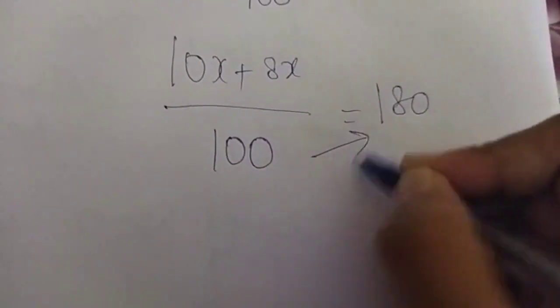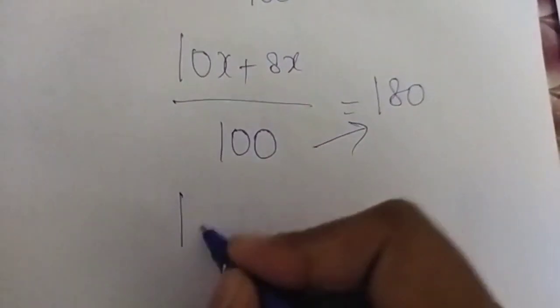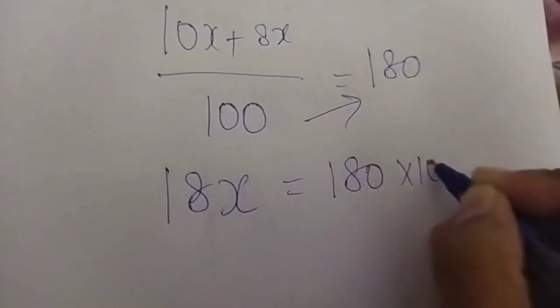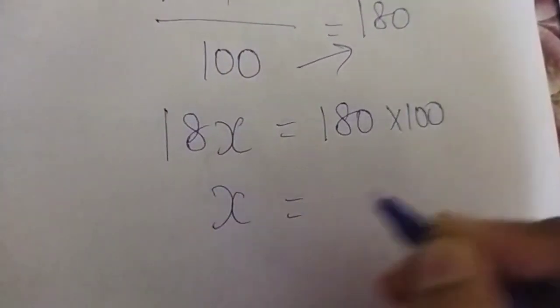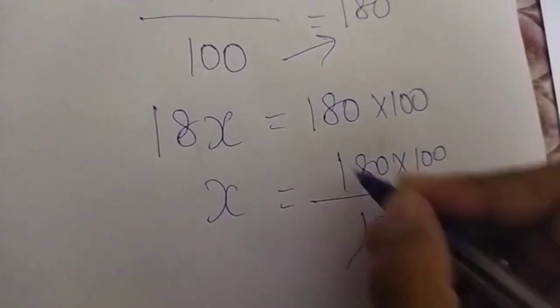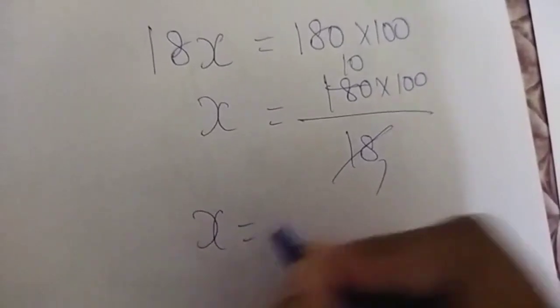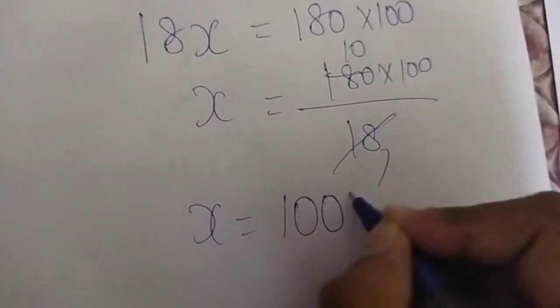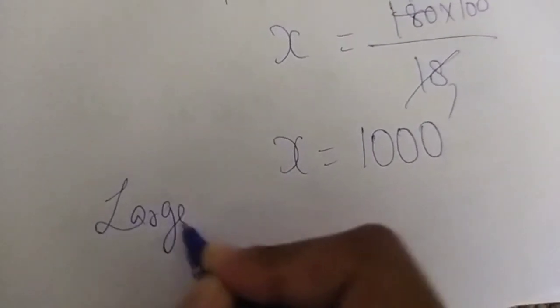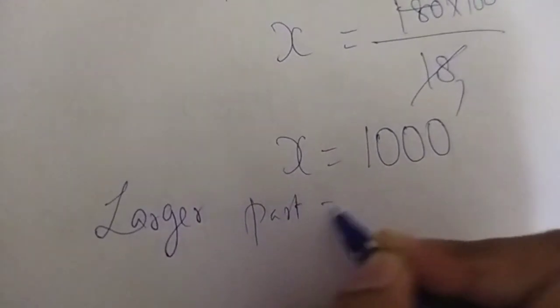100 going that side becomes multiplication. 10x plus 8x, 18x is equal to 180 into 100. So x is equal to 180 into 100 divided by 18. 1 time 10 time. x is equal to 10 into 100, which is nothing but 1000. So larger part is equal to rupees 1000.